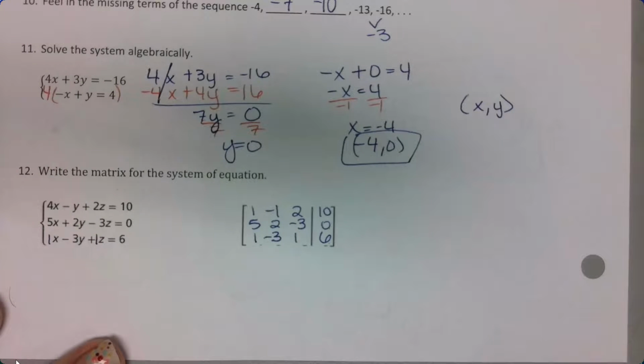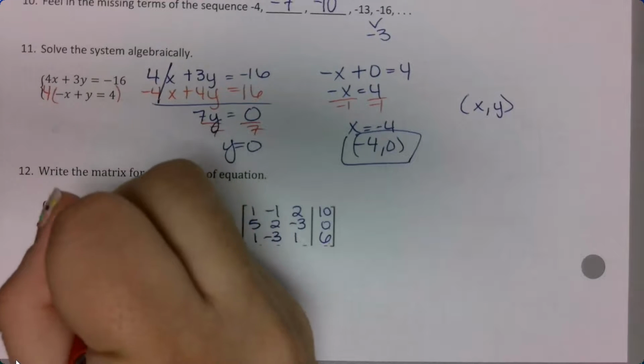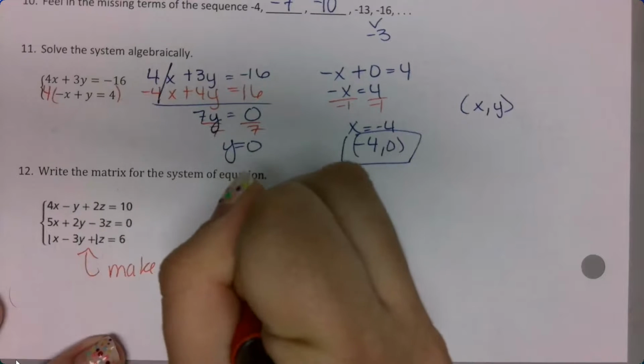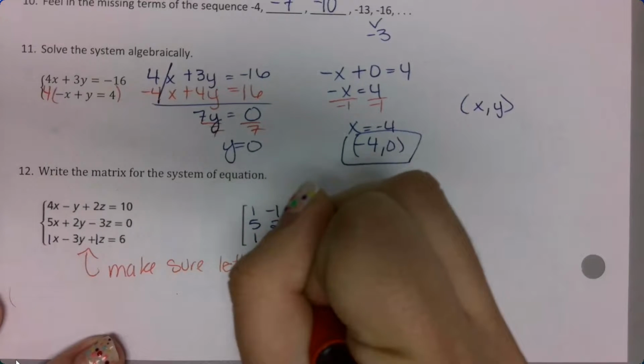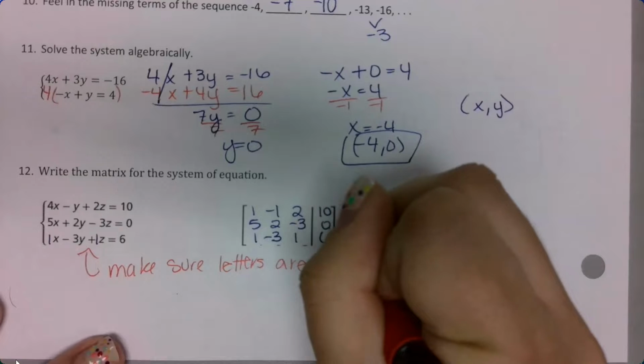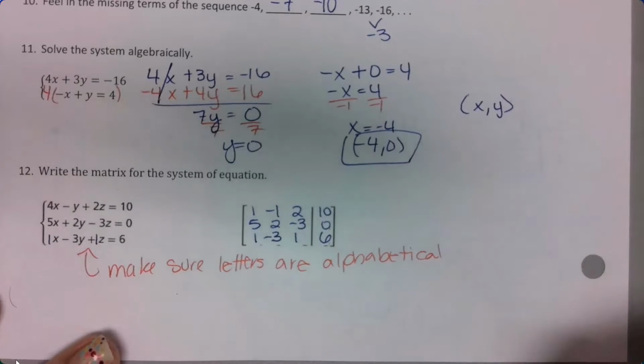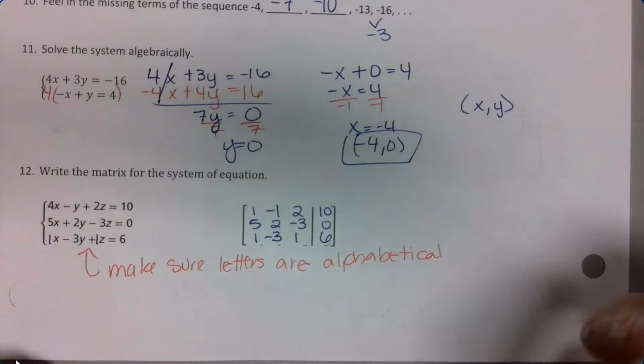When I write my matrix for a system of equations, I want to make sure my letters are always in alphabetical order. And I want to represent any missing letters with a 0.